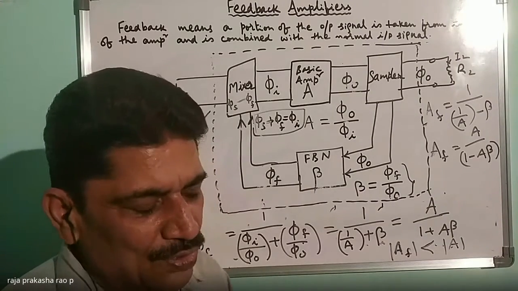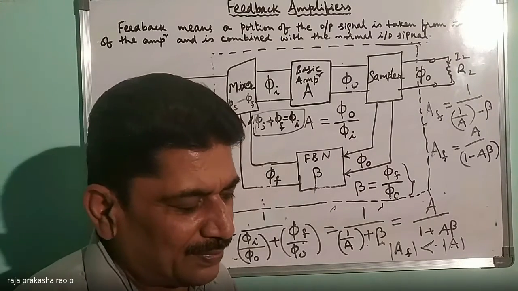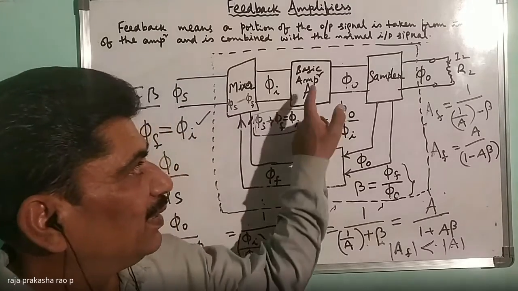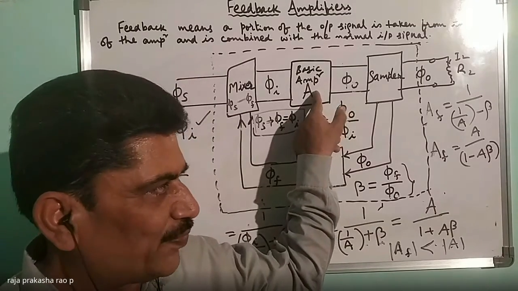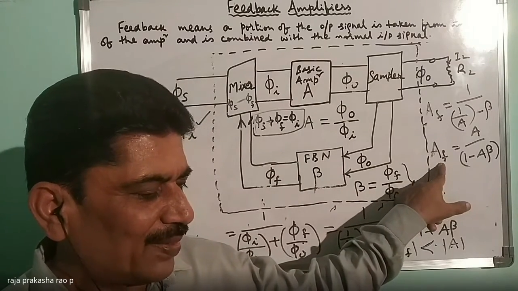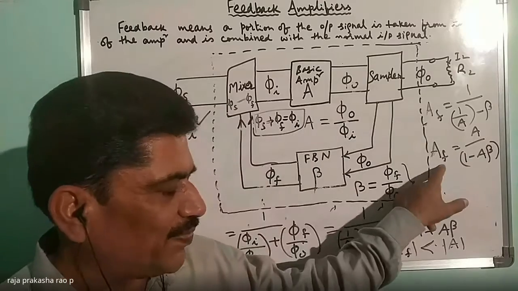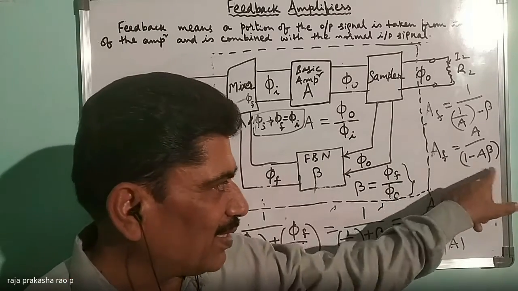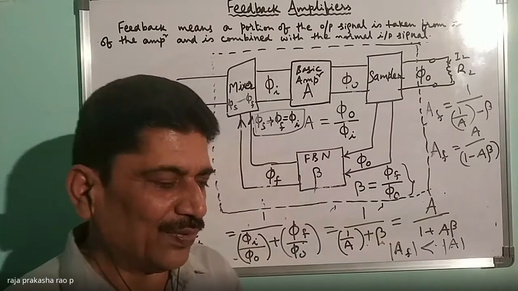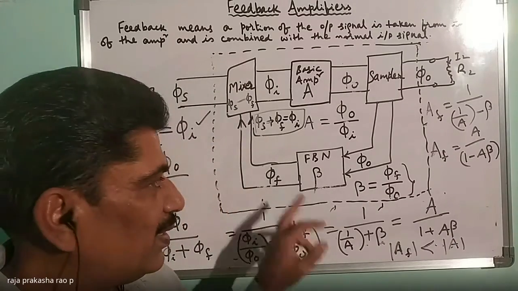What are the symbols used? Gain without feedback, A. Gain with feedback, AF. Okay. This is without feedback, this is with feedback. And beta is nothing but the feedback network or feedback ratio. Remember, feedback ratio is beta.